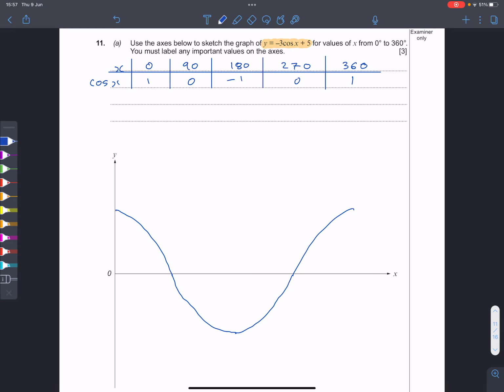Okay, so let's keep those values in. The thing that I want to find out is -3 cos x plus 5. So those are the values that I want to find.